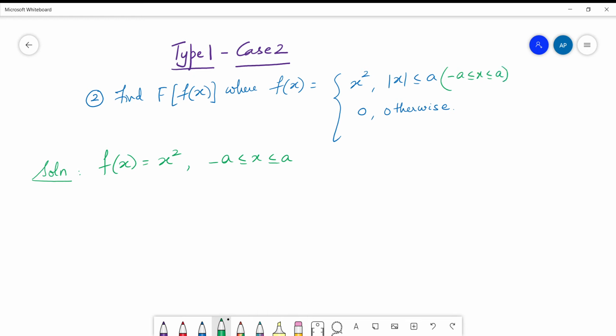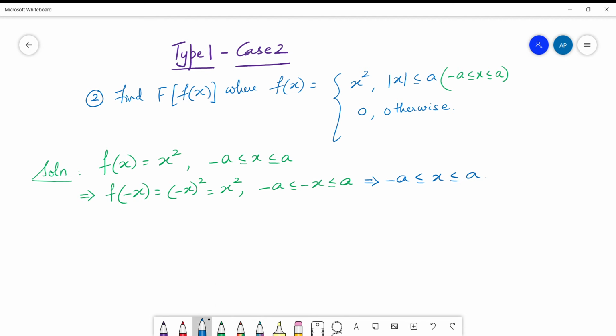The first step was to check the nature of the function. So we replace x by minus x. This becomes minus x the whole square, which continues to be x square. The limits, minus a less than or equal to minus x less than or equal to a, now become minus a less than or equal to x less than or equal to a.